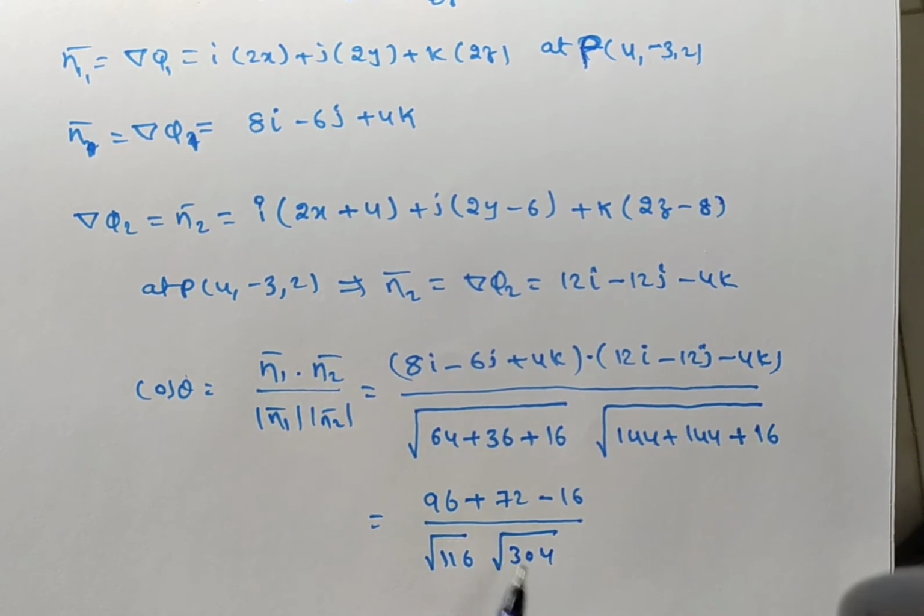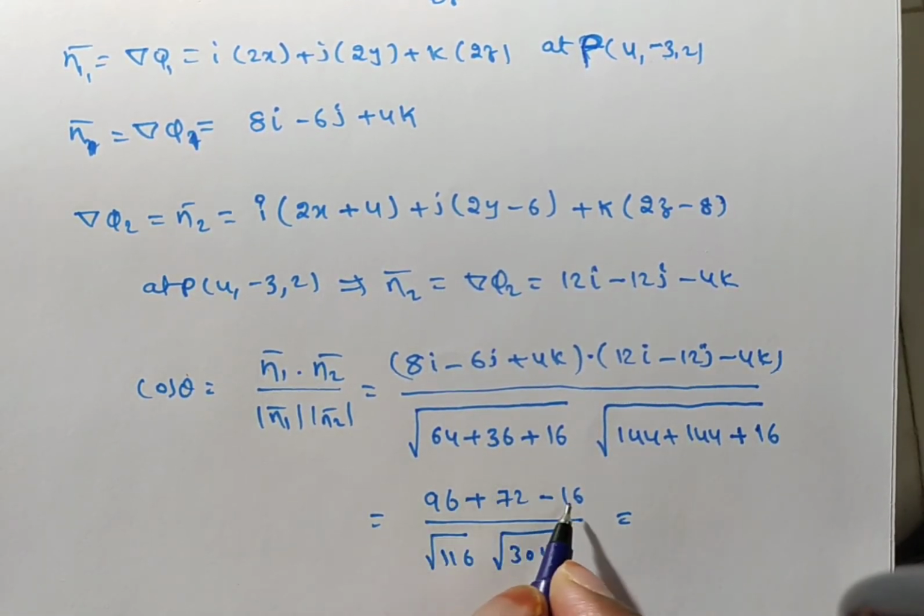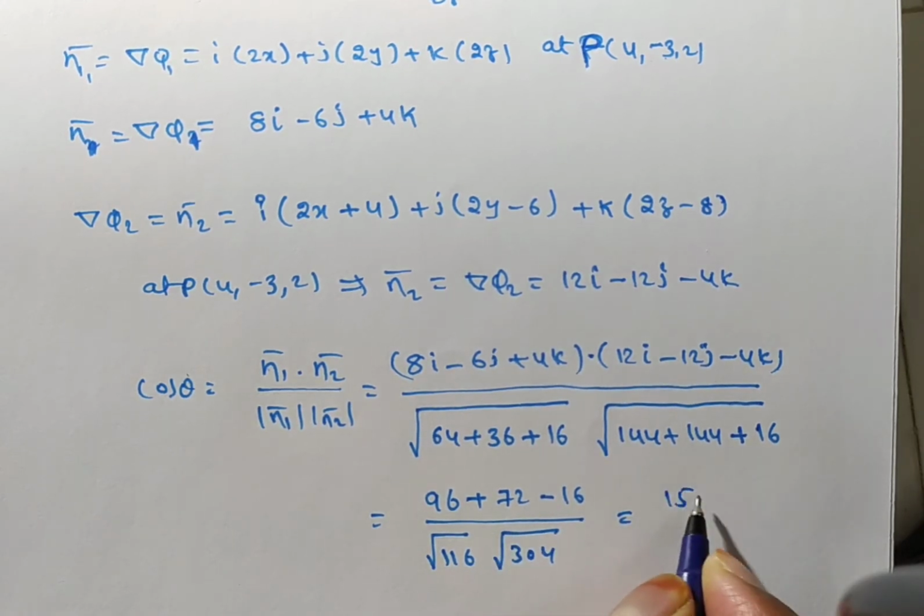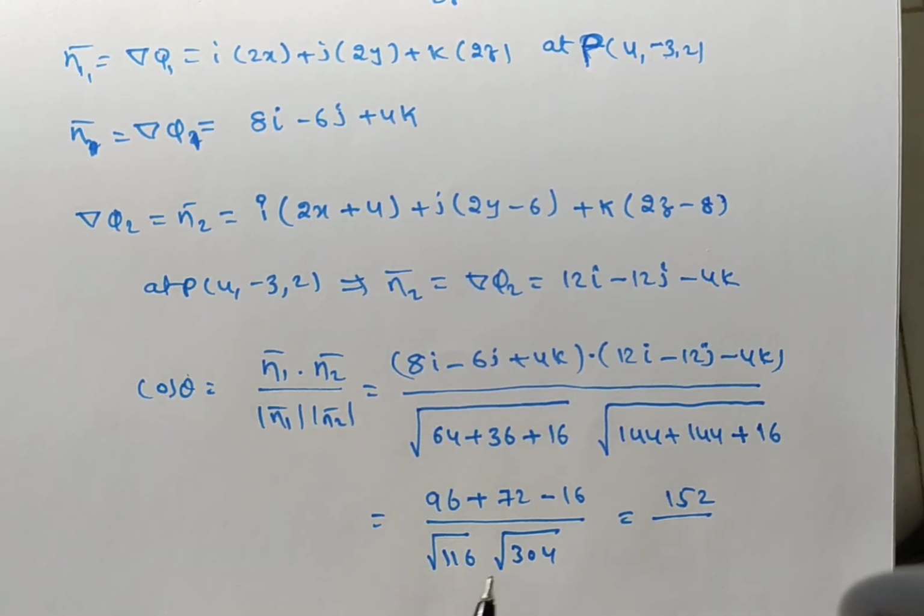So this root you have to simplify, and the numerator also you need to simplify. Then you see 96 minus 16 is 80, 80 plus this 72 is 152. So 152 by the square root of this value. I required it, so I am using the calculator. Without a calculator also you can do it. 116 is there, so you can write 4 times 29, 29 times 4, you see, this is 36, so 116.